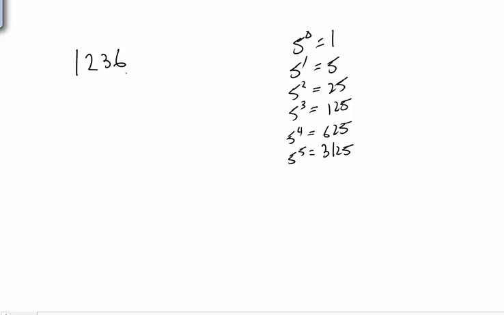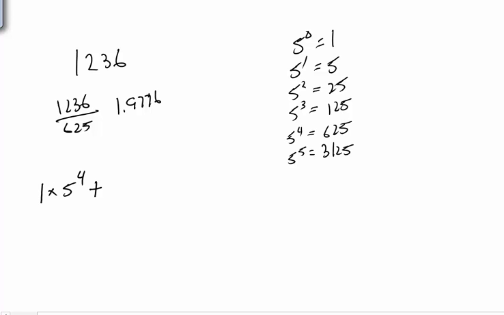Okay, so 1,236 is obviously less than 5 to the 5th power, so how many times does 625 go in? So 1236 divided by 625 is 1.977. Okay, but it goes in there one time, right? So for 1 times 5 to the 4th plus, now what I want to do is subtract off, because it only went in there one time, so what was the remainder?